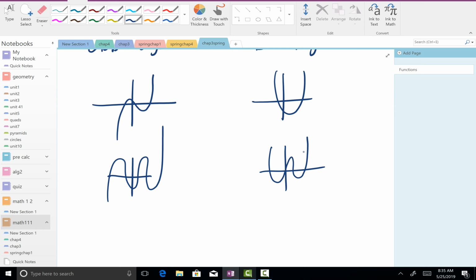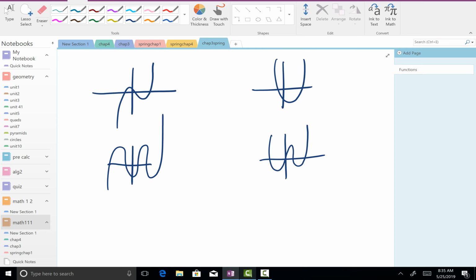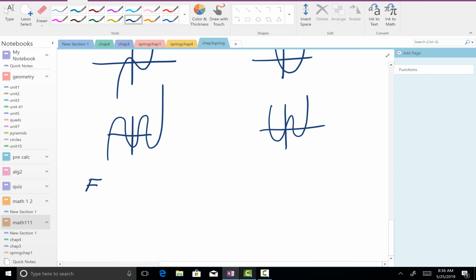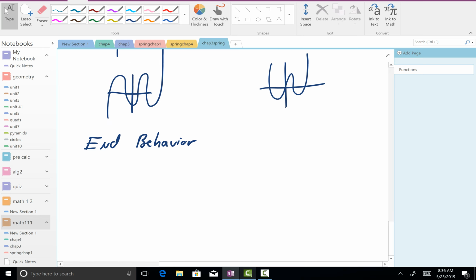Okay. So the end behavior here, here's what we're going to say. All right, so as x approaches negative infinity, it is decreasing or falling, it's going down, okay? As x approaches positive infinity, it's increasing.